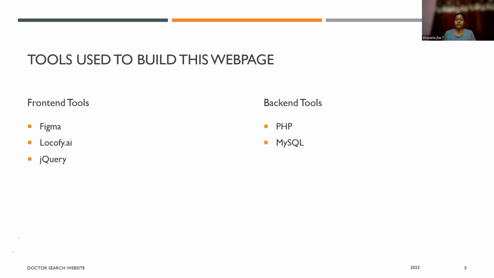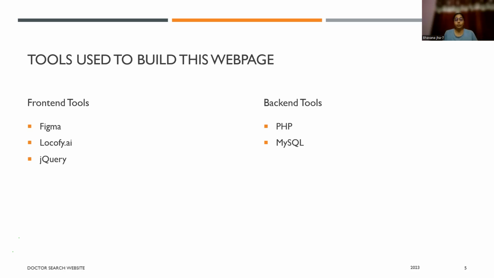And when the design is developed, then with the help of Locofy AI, which is a plugin for tools like Figma and Adobe XD, we can export our code in the form of HTML, CSS, and JS.